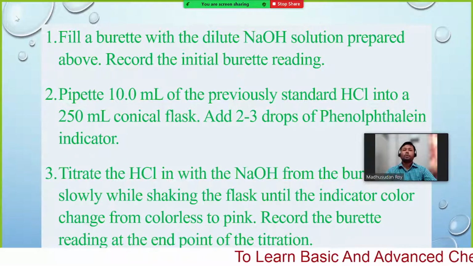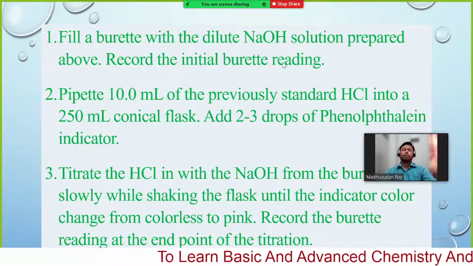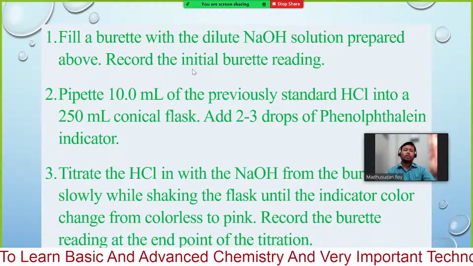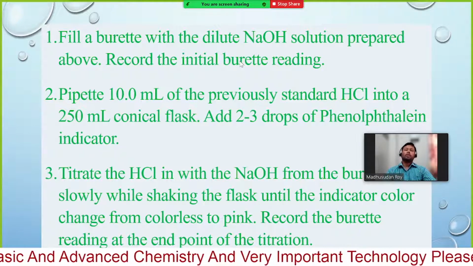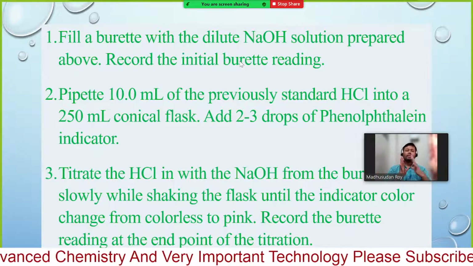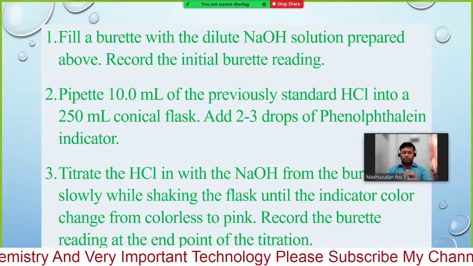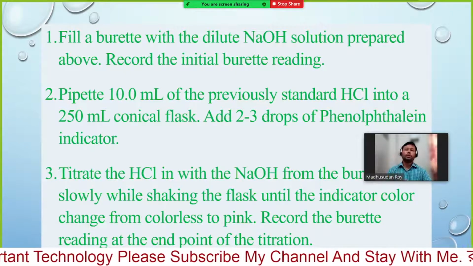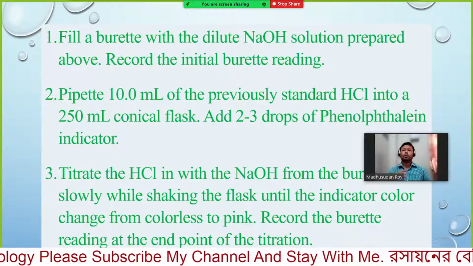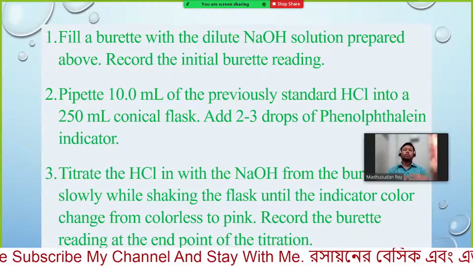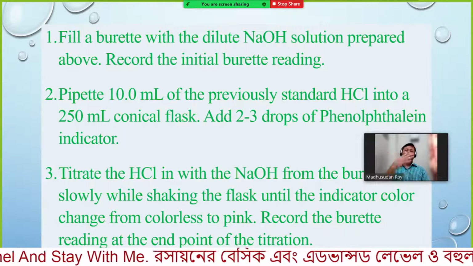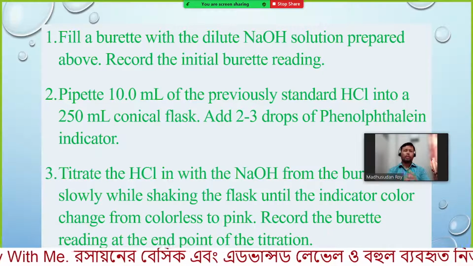Similarly you have to rinse the burette, because previously you added hydrochloric acid in the burette and now you want to use sodium hydroxide. So when you change the chemicals in the burette, first wash the burette with distilled water, then rinse it with the solution you want to add into the burette.